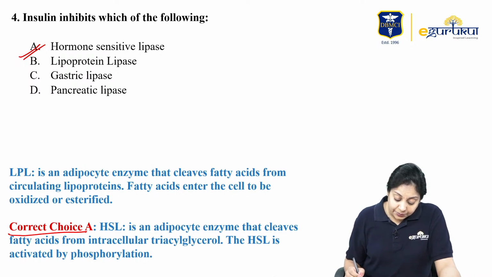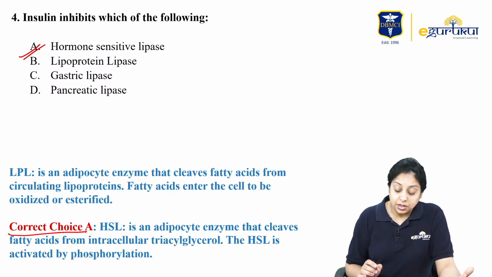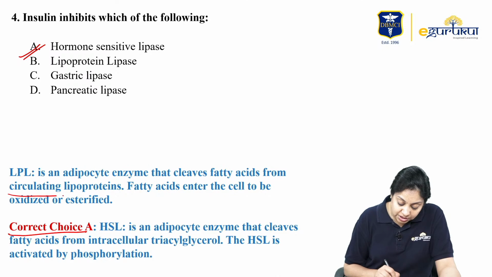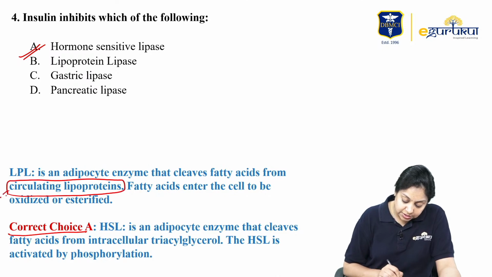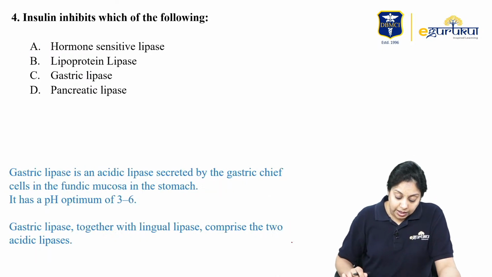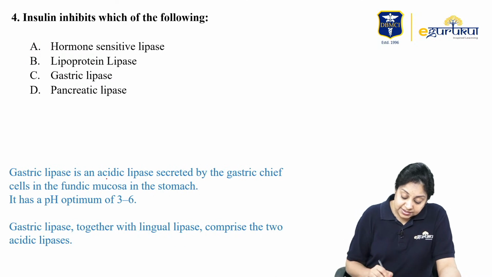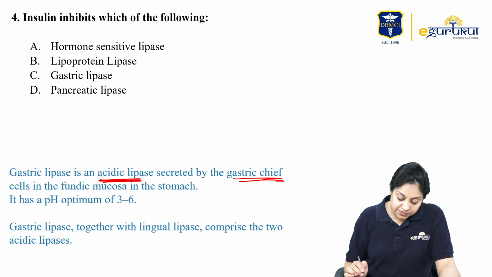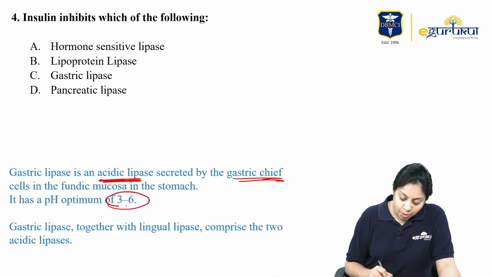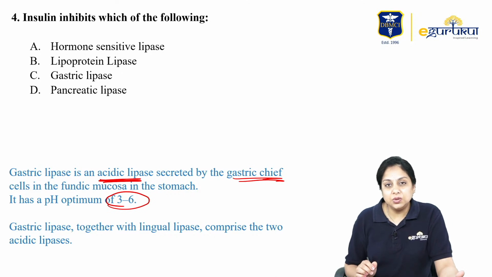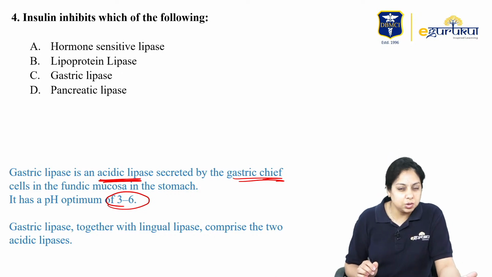LPL is another adipocyte enzyme, but it is releasing the fatty acids from the circulating lipoproteins, right? Gastric lipase is the acidic lipase secreted by the gastric chief cells of the fundic mucosa, that is choice C. At optimum pH, some books say 3 to 6, some books say pH 2.